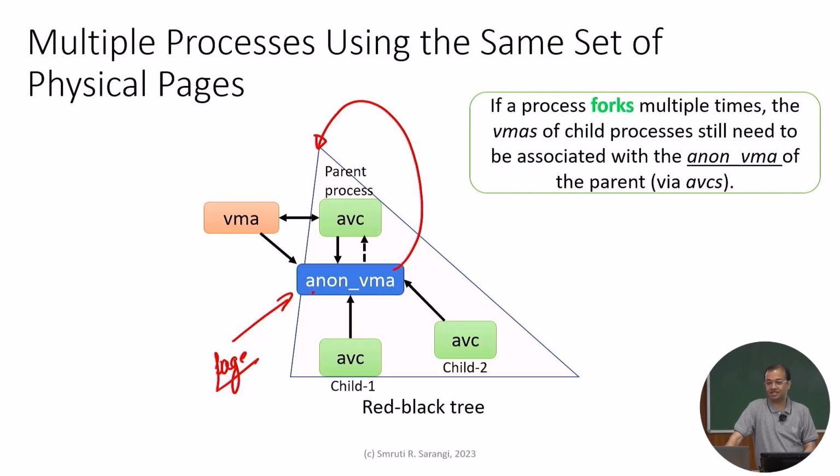AVCs. Every AVC on one hand is connected to an Anon VMA, on the other hand, is directly or indirectly connected to another VMA. Correct? I will go and visit all of those VMAs, and to every VMA, I will tell that look, this page with page frame number P is being evicted.